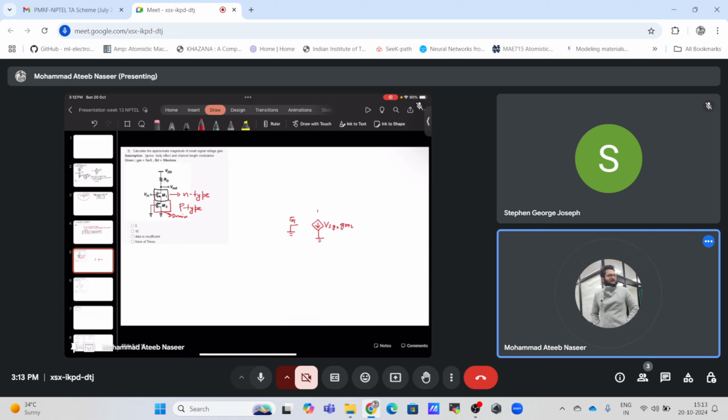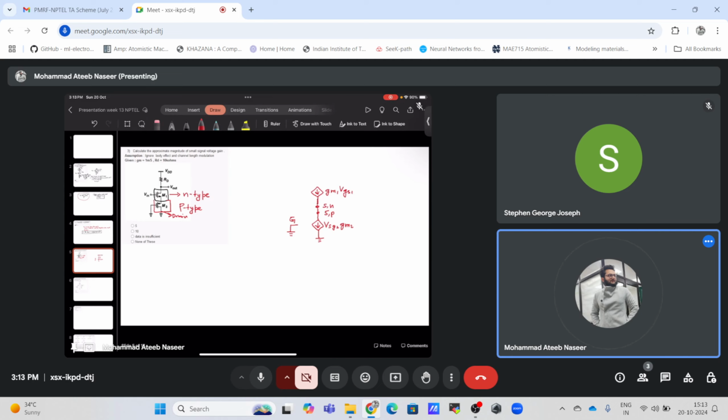This is our source of P type, and it is also the source of N type, and the current flowing through this is simply gm1 times VGS1.